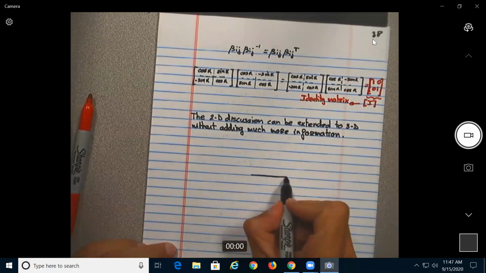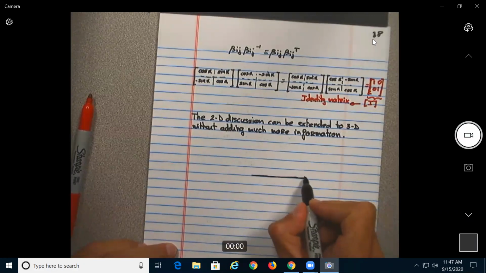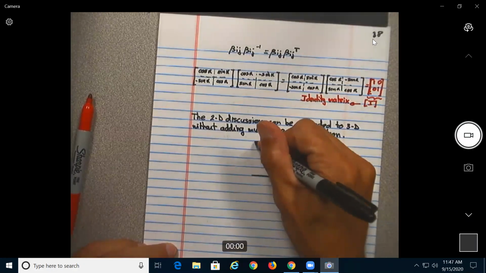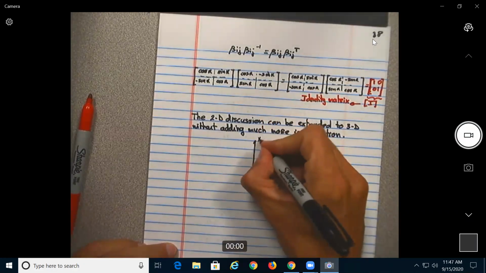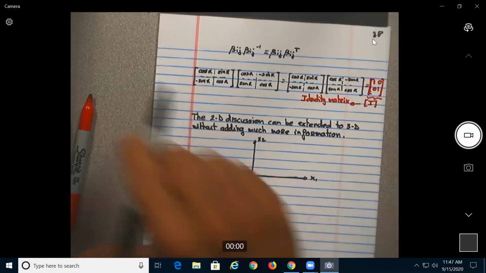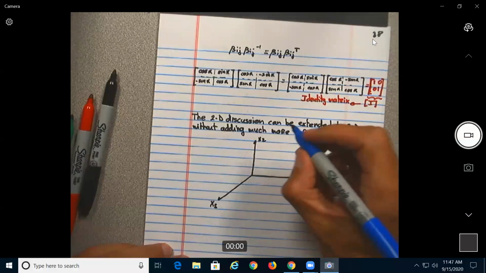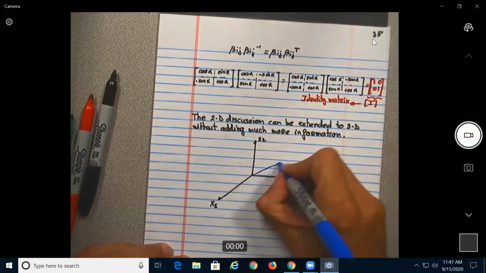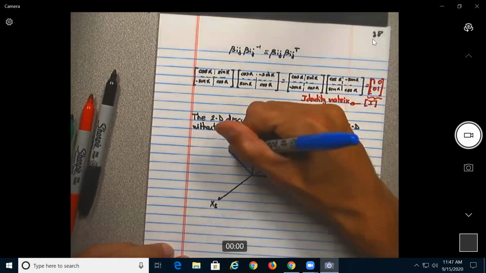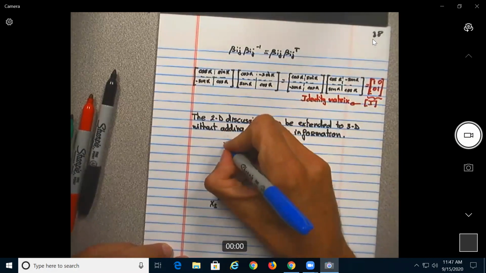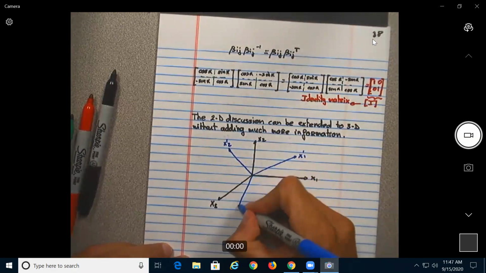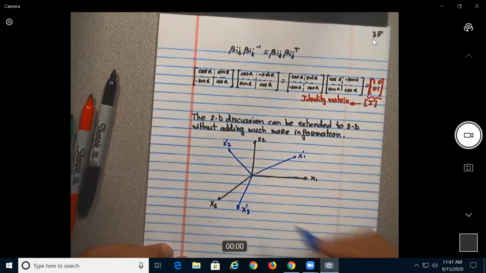Let's say it will be X1, X2, X3, so it will be an orthogonal coordinate system following the right-hand rule, no? This will give you now, let's see, we have an X prime 1, X prime 2, and X prime 3.